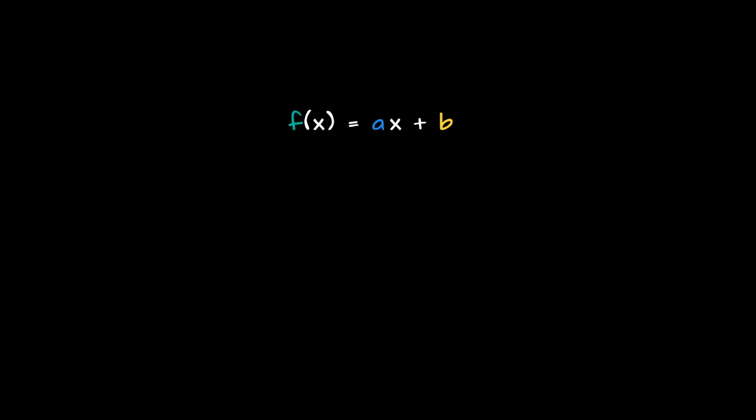Moreover, if we return to the algebraic form that any linear function must have, then there's a very easy way to read off the slope. The slope of this general linear function is nothing other than the coefficient of x, which we're here denoting a. If a is very large, then the graph of f will be very steep. On the other hand, if a is very close to 0, then the graph of f will be very shallow.